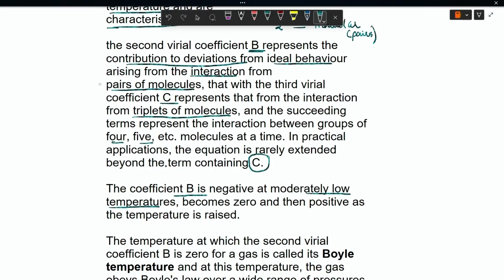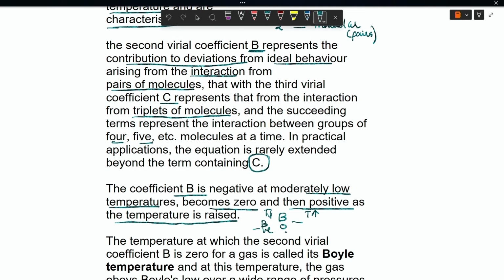So, when temperature is low, B is negative.